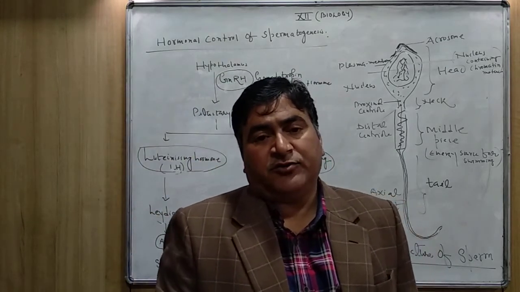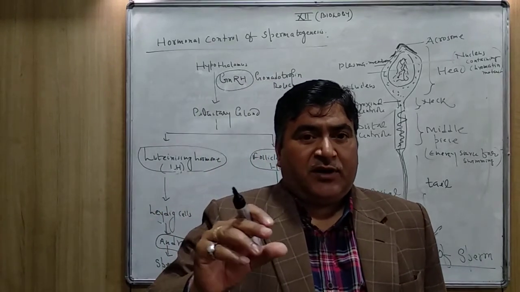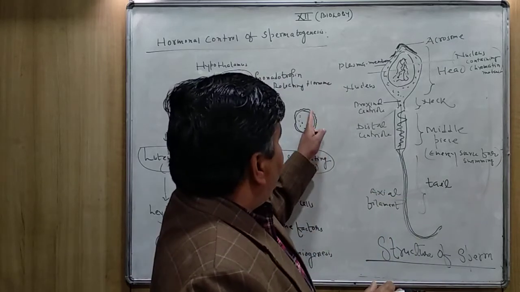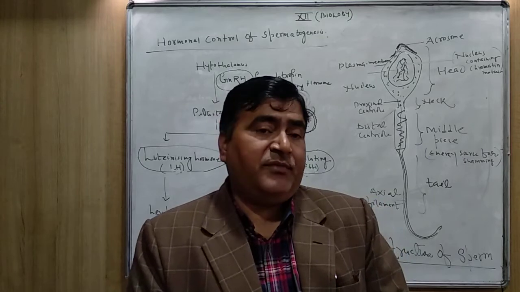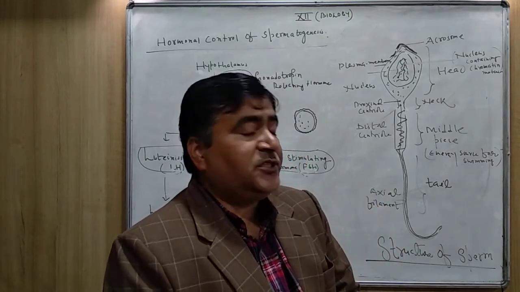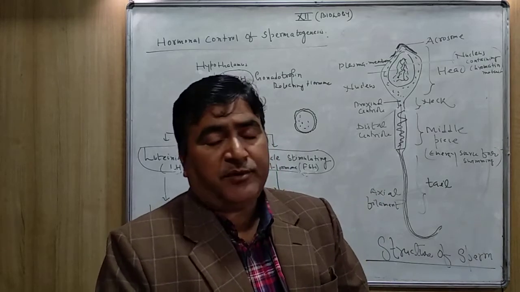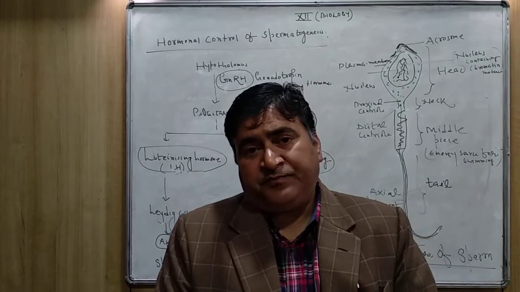I will teach you about zona pellucida and corona radiata. This is the zona pellucida and corona radiata. These membranes must be ruptured before the process of fertilization. If the membrane which lies outside of the ovum is not ruptured, the process of fusion or fertilization doesn't take place.